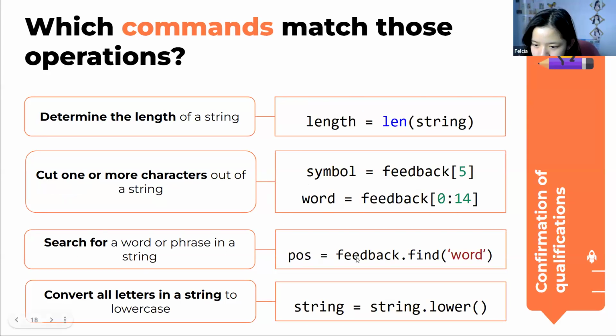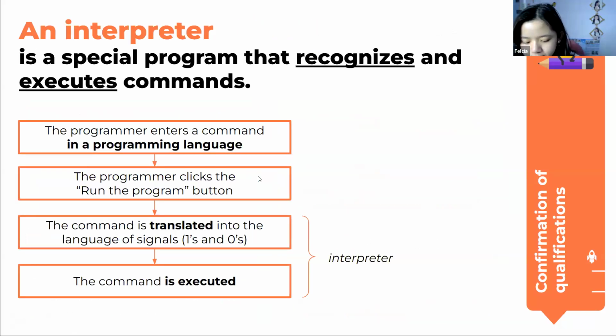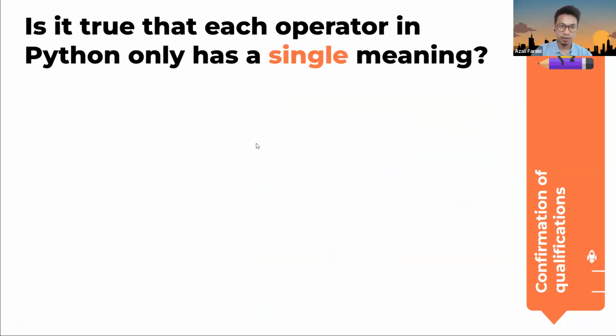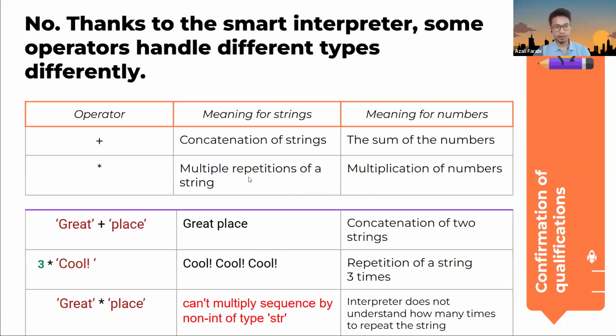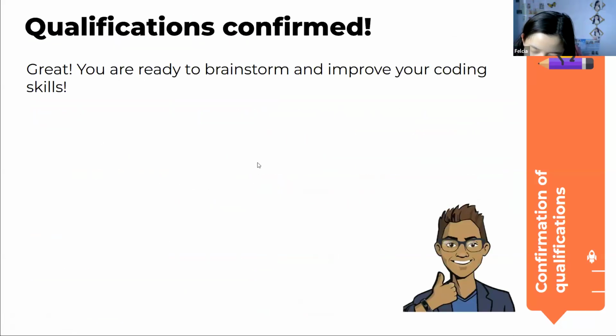If you want to find a word, you can use the dot find method. And if you want to convert all of the characters inside your string, you can use the .lower function. Okay, and I won't talk about the interpreter because it's too easy.